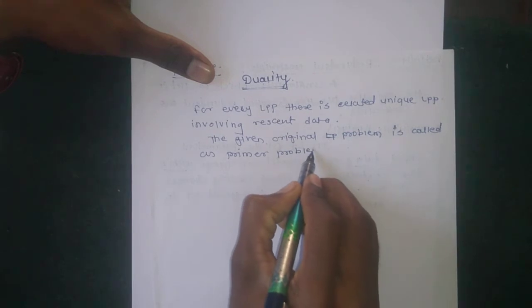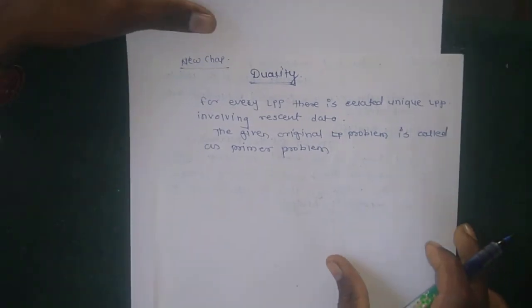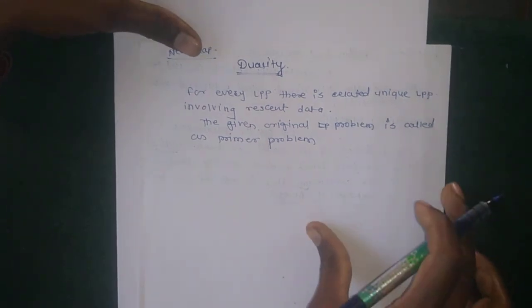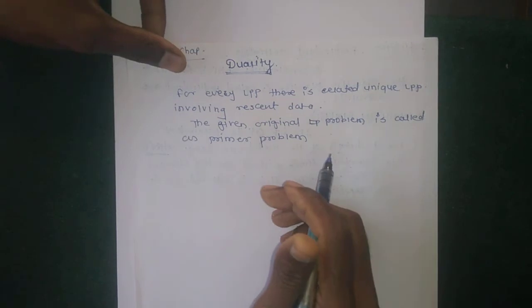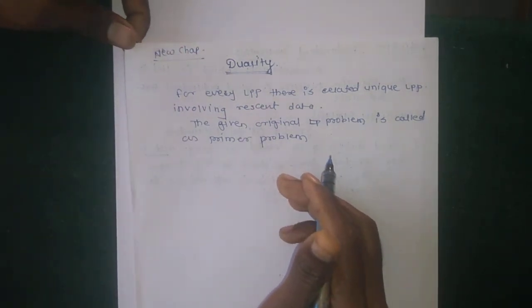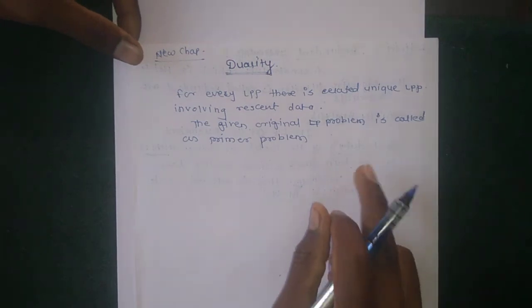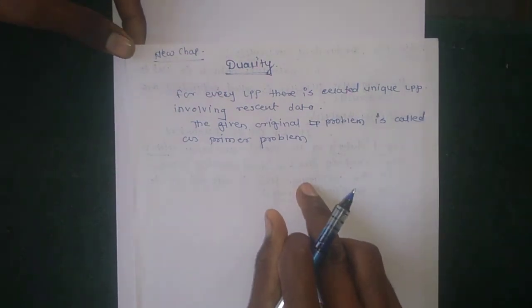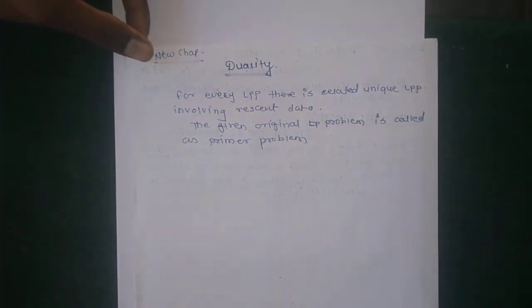Okay, the given regular LPP is called the primal problem, and to convert this primal problem to its dual, we have to convert the RHS of the constraints into the objective function, and the coefficients of the objective function into the RHS of the constraints.